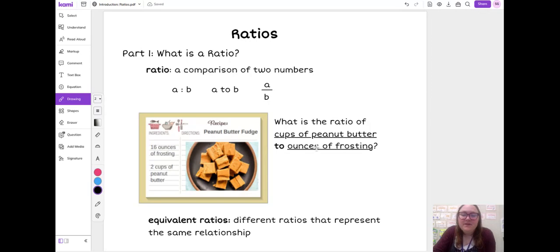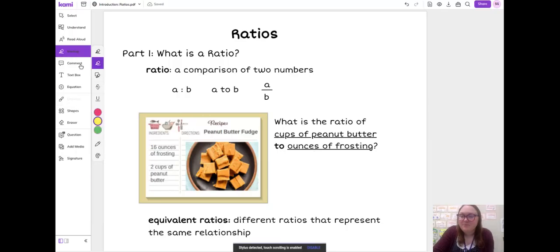So an example of what a ratio looks like, for example, we have this recipe here for peanut butter fudge that says we need 16 ounces of frosting and 2 cups of peanut butter. You might see a question, what is the ratio of cups of peanut butter to ounces of frosting? When you are writing your ratio, the order of those numbers is really important. So when I look at this question, the first thing it says is cups of peanut butter.